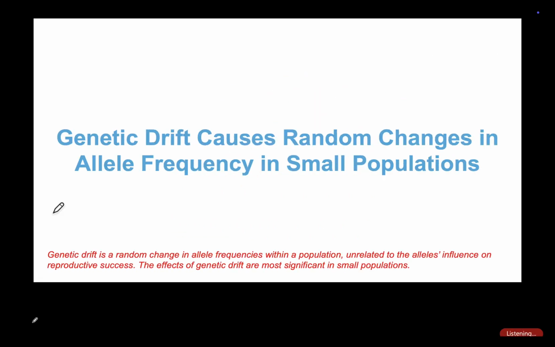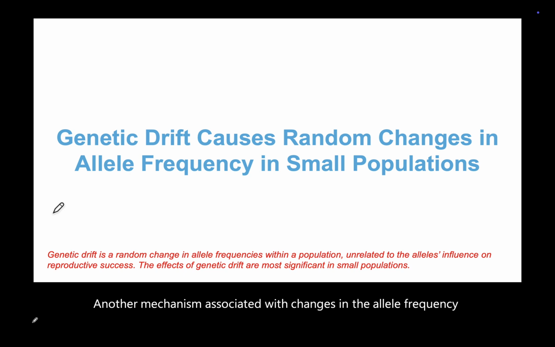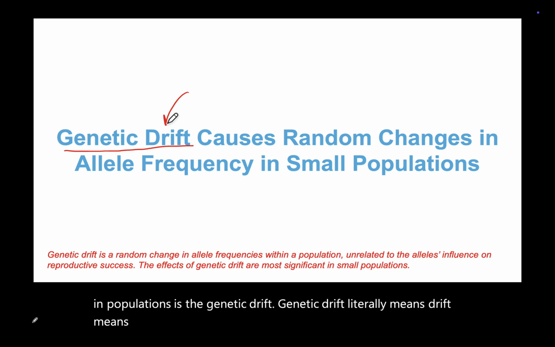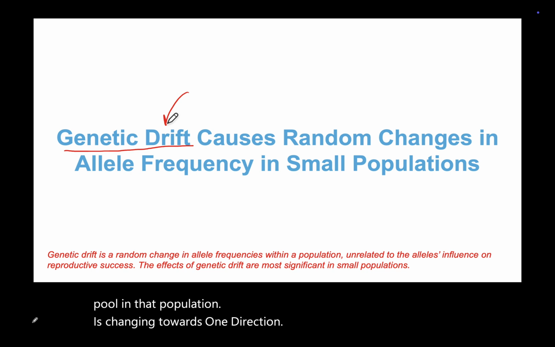Another mechanism associated with changes in the allele frequency in populations is genetic drift. Genetic drift literally means change, right? So this means that the gene pool in that population is changing towards one direction. Okay?